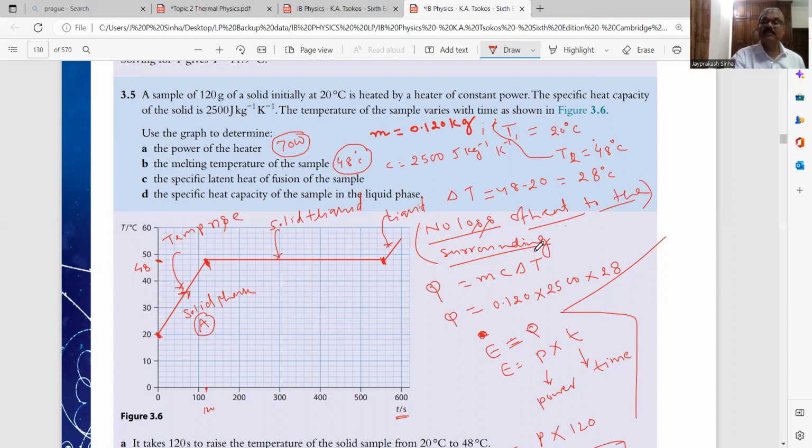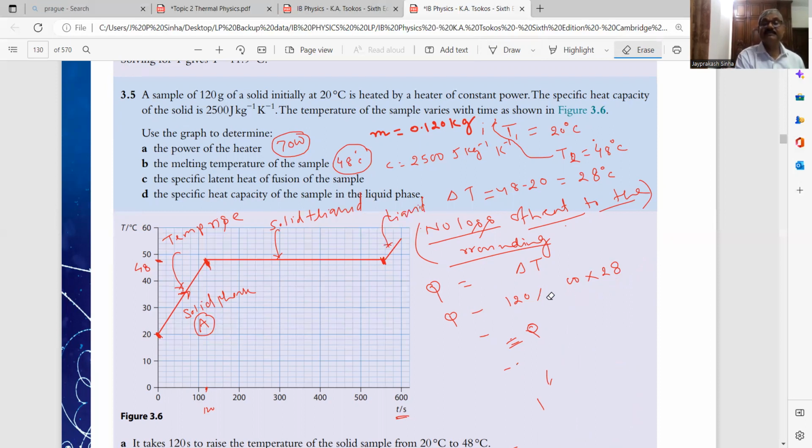So first of all, let me erase this and make some space for writing, and we'll solve part C. Here we are going to use the concept of latent heat.